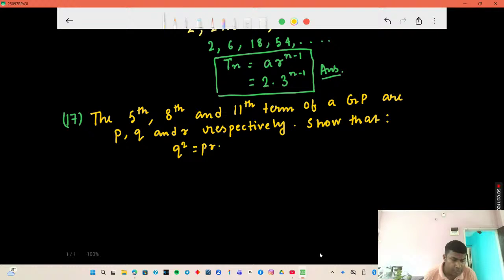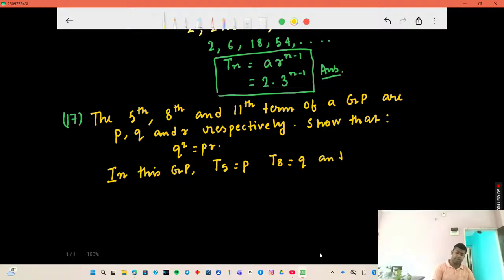Is the question clear to you? So here it is given that in this GP, T5 is equal to P, T8 is equal to Q, and T11 is equal to R. Is it clear?